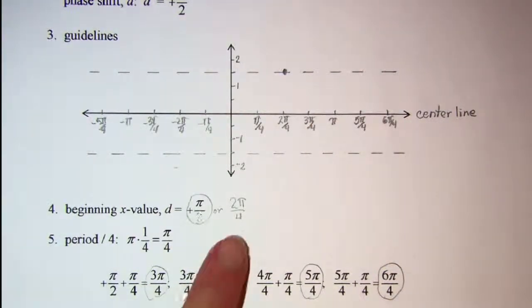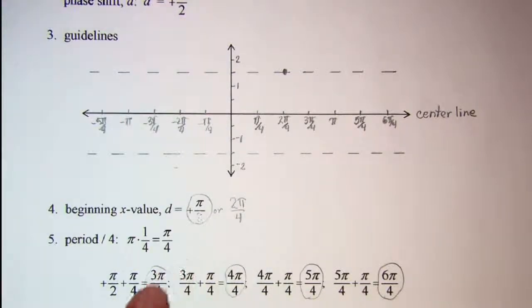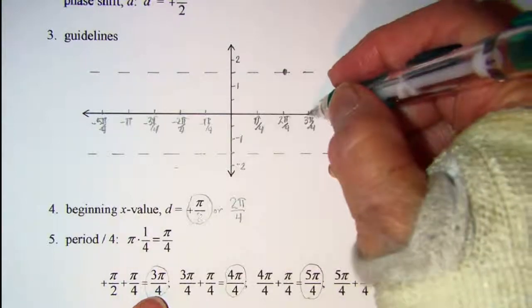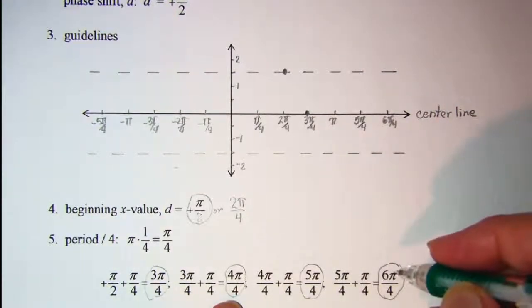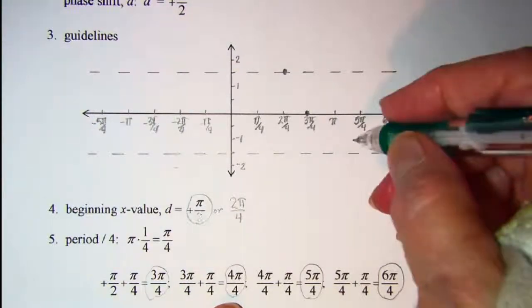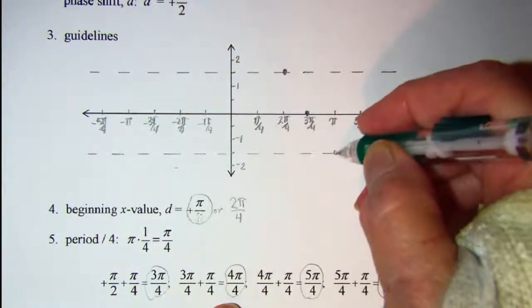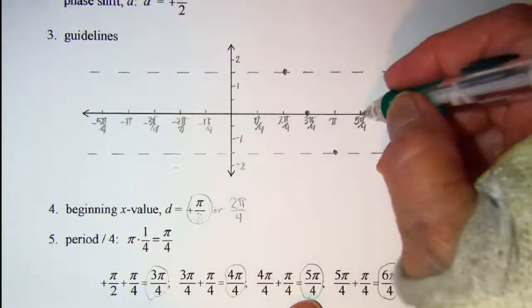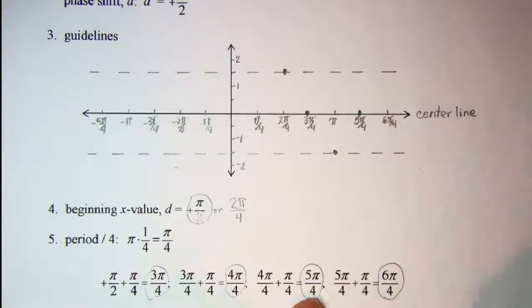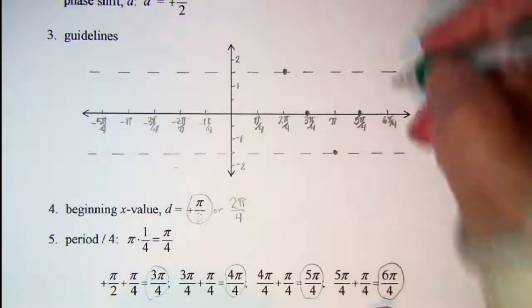And then our next main point is 3 pi over 4 for center line. And then 4 pi over 4, which is pi, that'll be our minimum. 5 pi over 4 will be a center line. And then 6 pi over 4 will be a maximum.